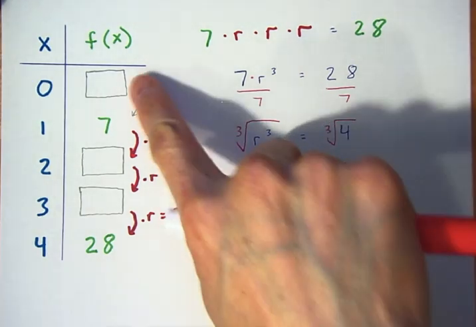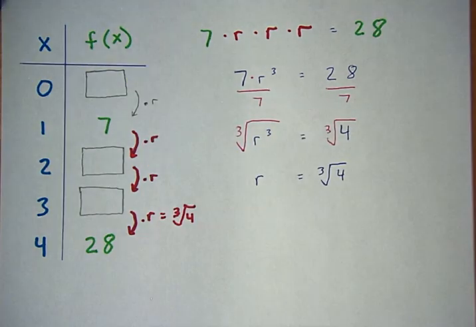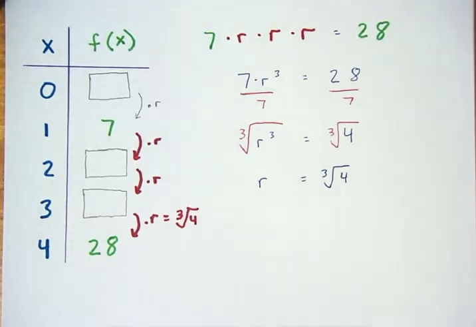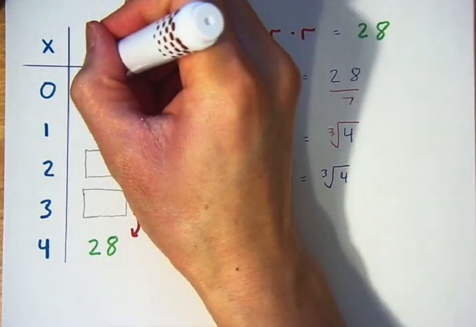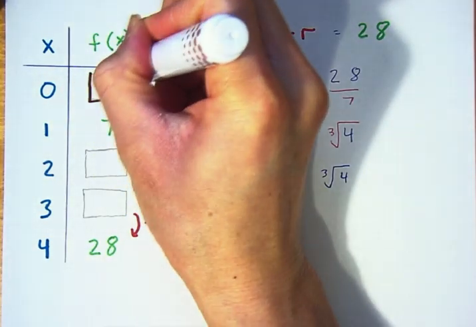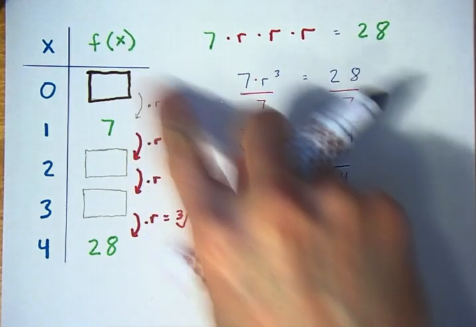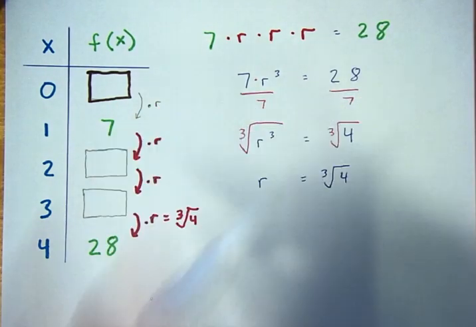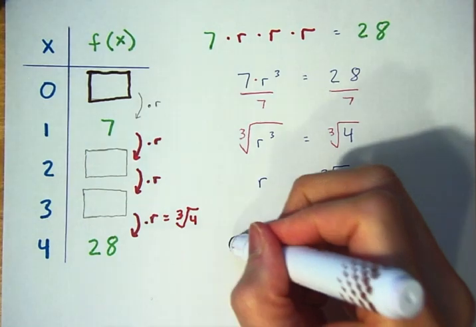Now let's solve for that one right there. I know that this box, multiply times r, will get you 7. Let's write that equation.